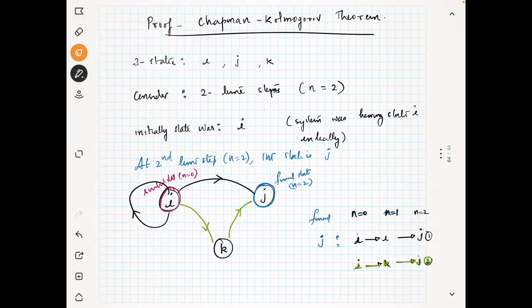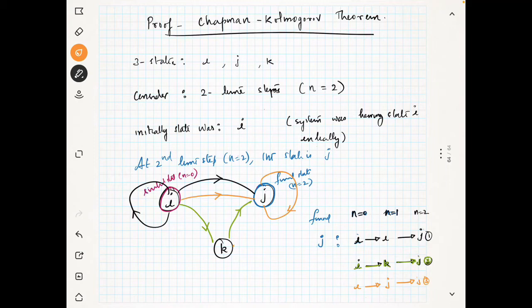And next, I was in I. After that I move to J, then I stay in J, so J to J. So these are all the three possibilities.